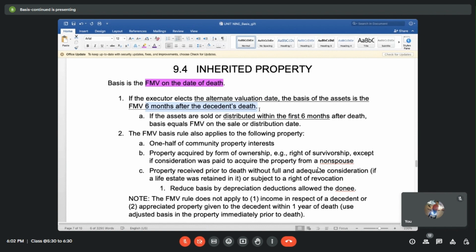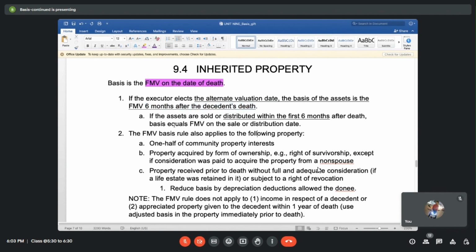They have the flexibility to either take the fair market value as of the date of death, if the property is inherited, or go with the alternate valuation date, which is 6 months after the date of death. But if the property is sold within those 6 months, let's say somebody inherits it, doesn't want to keep it, and after 3-4 months wants to sell it off, then obviously the date 6 months later and its value will not make any sense.